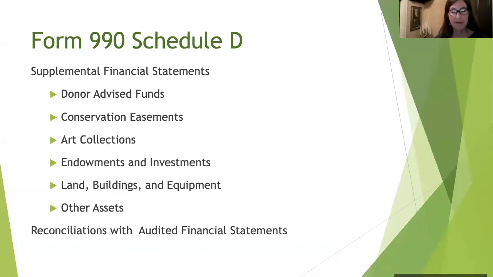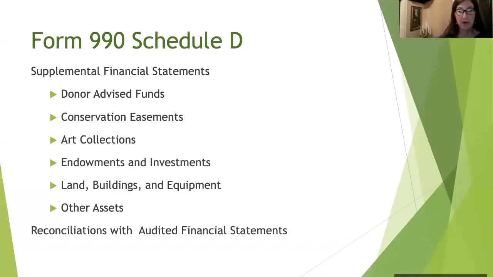If you have any property, plant, and equipment, you have to give them details about the value and the accumulated depreciation of each of those things. If you use donor advised funds, anything like through the San Antonio Area Foundation, that would also have to be disclosed there.